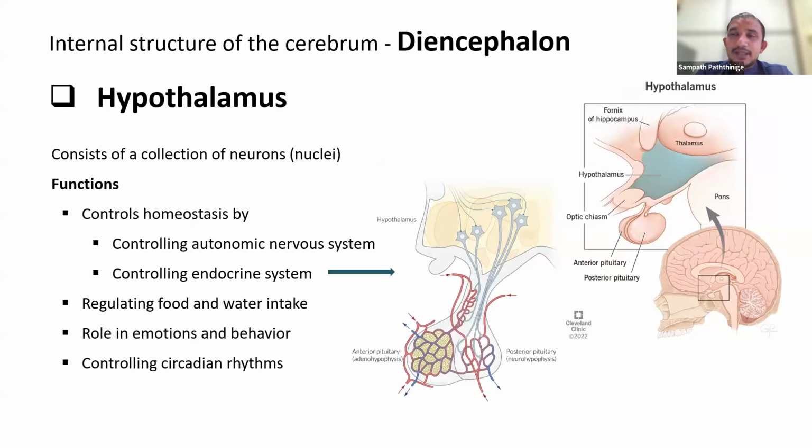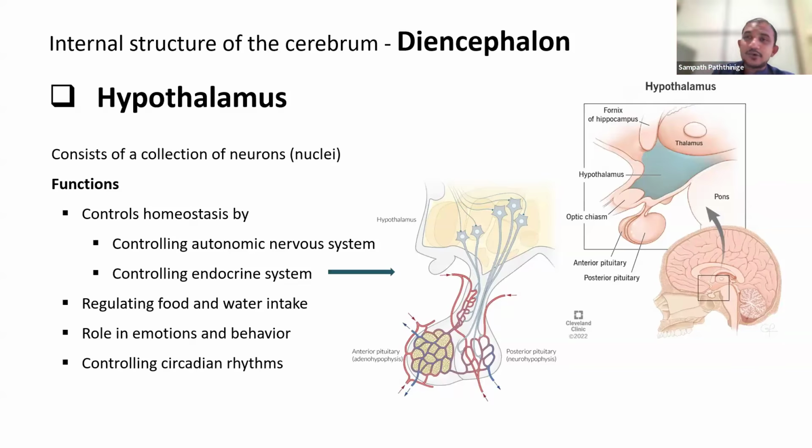So they are controlled by the pituitary and indirectly by the hypothalamus. And it is part of the limbic system, so it has some functions to do with the emotions. All the inputs about satiety, thirst, the circadian rhythm come into the hypothalamus, and that is how it affects the autonomic nervous system, right?